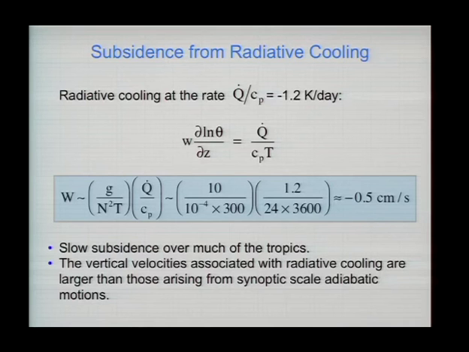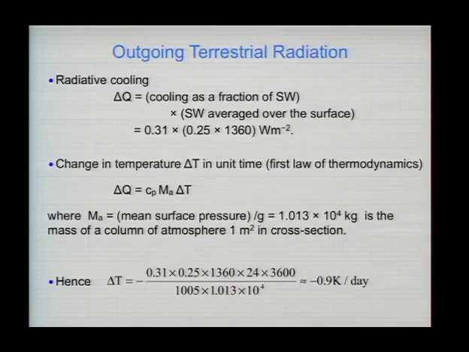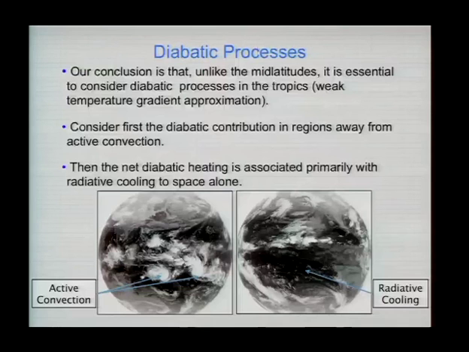So what this says to us is to balance this cooling, there must be subsidence over much of the tropics, and it must be about 0.5 centimetre per second. All right? So there's slow subsidence over much of the tropics, in these regions where you don't see clouds, of about 0.5 centimetre per second.